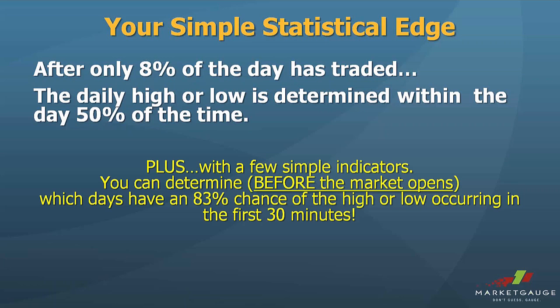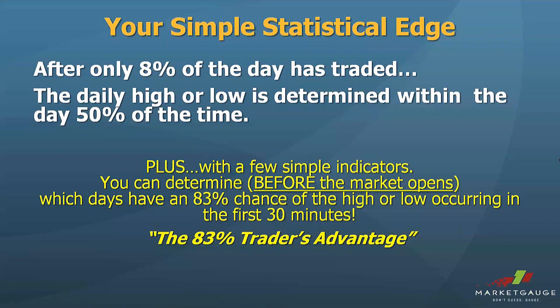I'm going to show you a really simple way to use this as a roadmap for the market and then a roadmap for your stocks. And when you get a little more into it, you can actually increase that number of 50% to 83%. That's what we call the 83% trader's advantage.